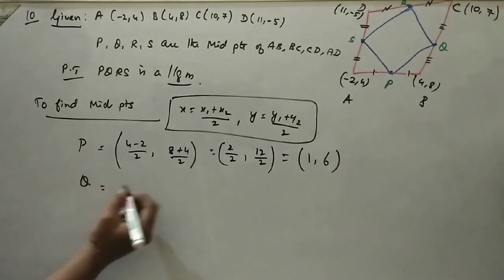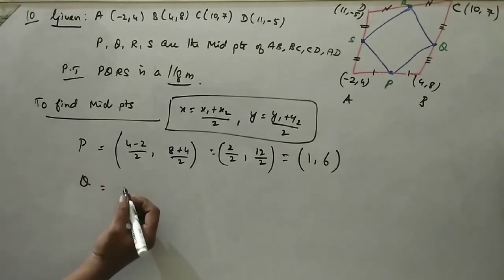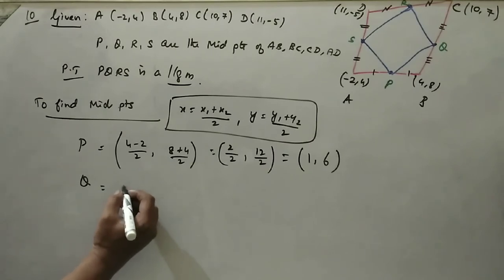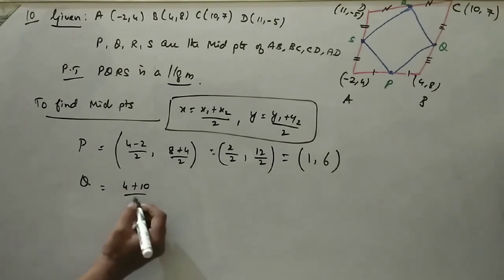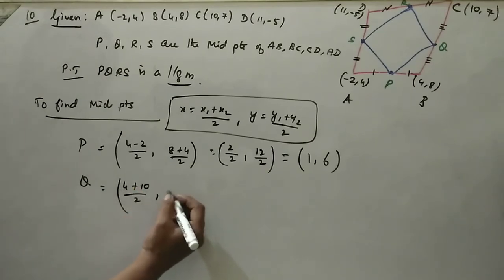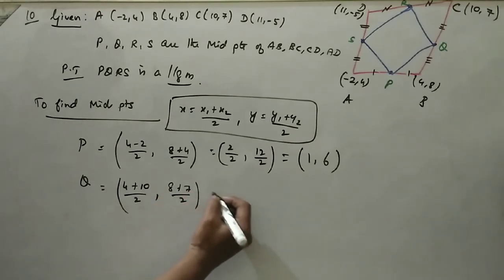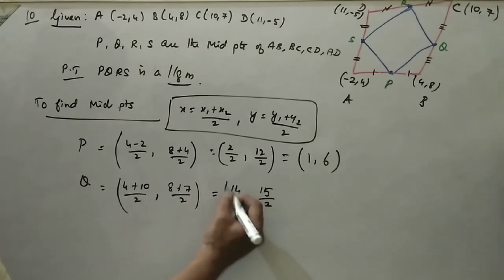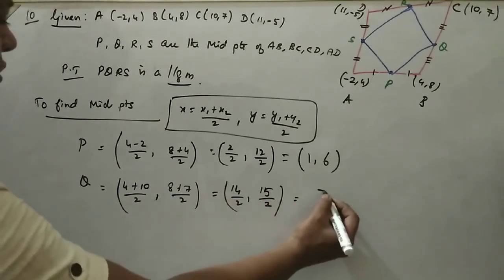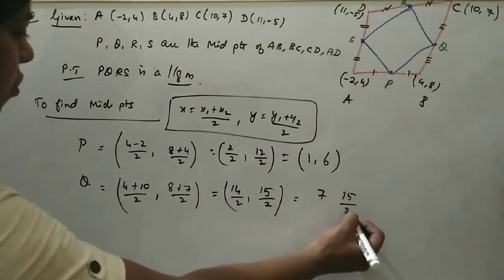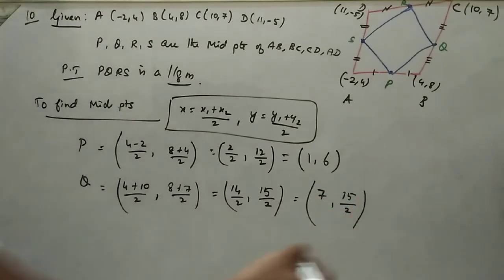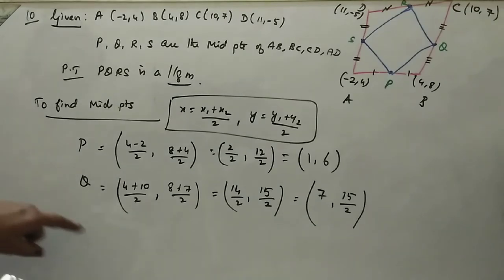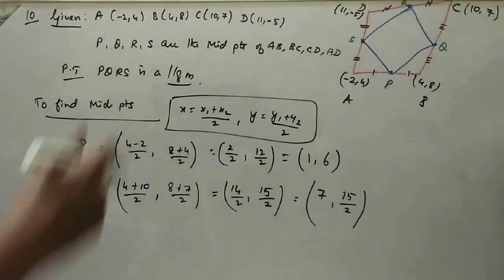Then Q, you will write (4 plus 10) upon 2 and (8 plus 7) upon 2. So 14 upon 2 and 15 upon 2. So you will get 7 and 15 upon 2. Okay. Q is 7 and 15 upon 2.